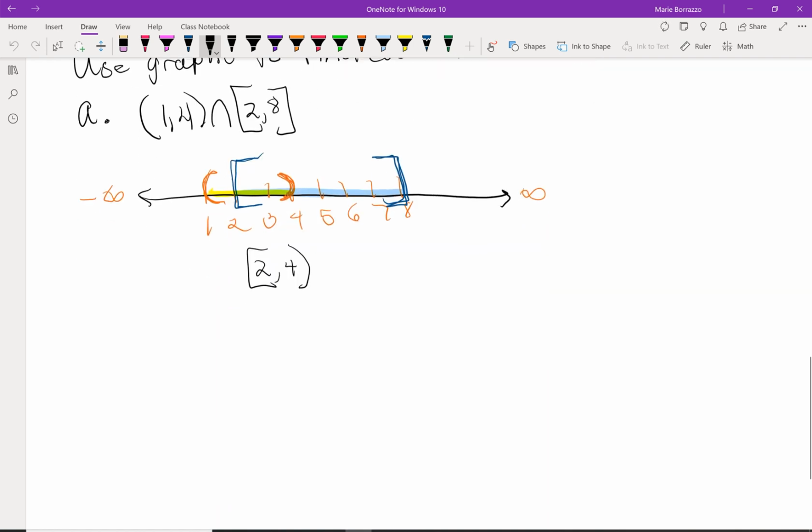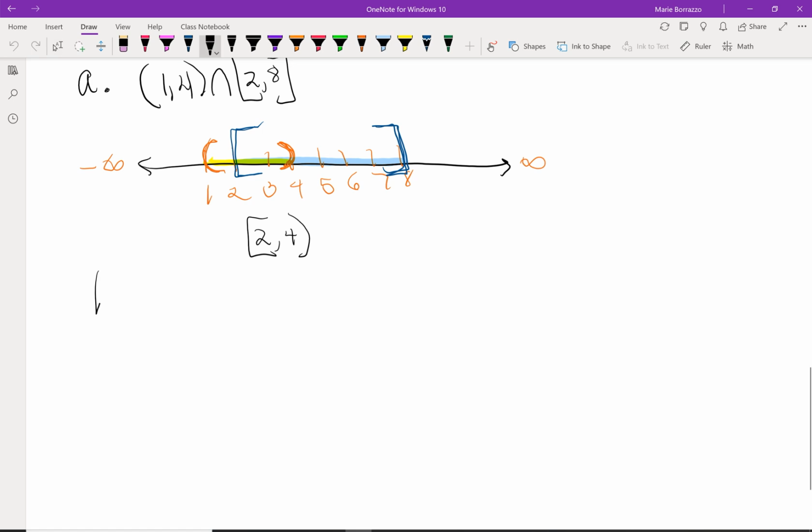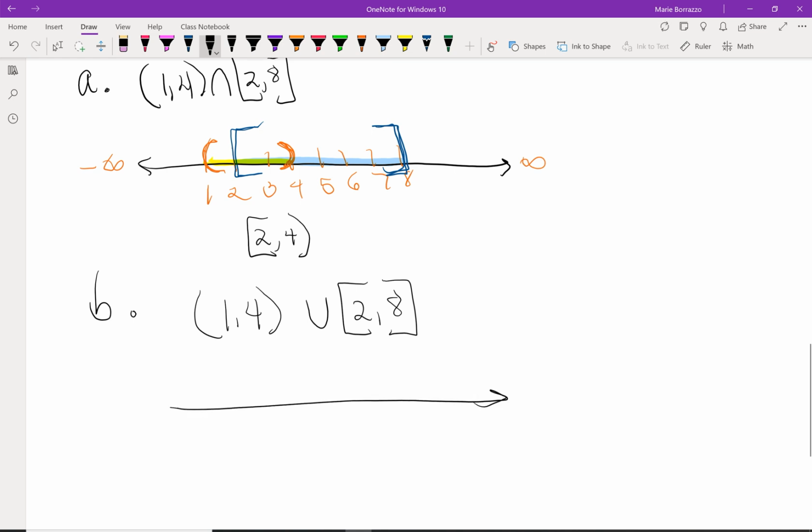All right, let's do part B. In this case they give you 1, 4, but this time they're saying union inclusive 2, 8. And for this example, I want you to consider again the number line. We are now looking at the same process.